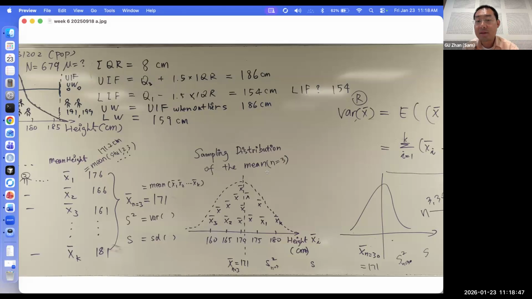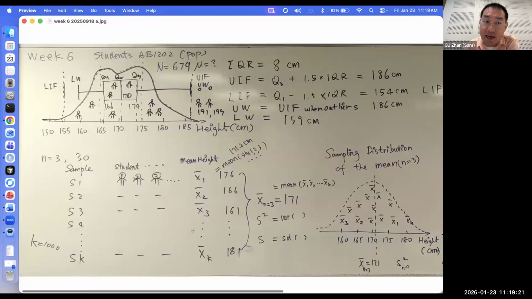Since the sample size is relatively large, 30 and above, according to CLT, the central limit theorem, this sampling distribution of the mean will be a normal distribution. This is the theory. This sampling distribution has a mean value, and we expect it to be the same as mu, the population mean.